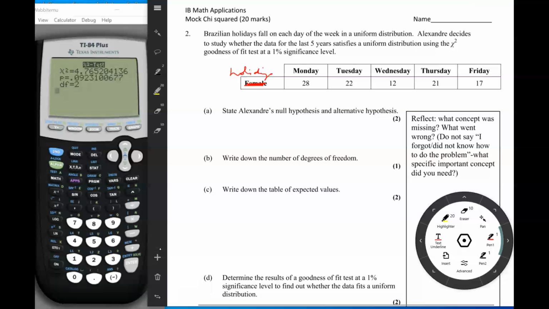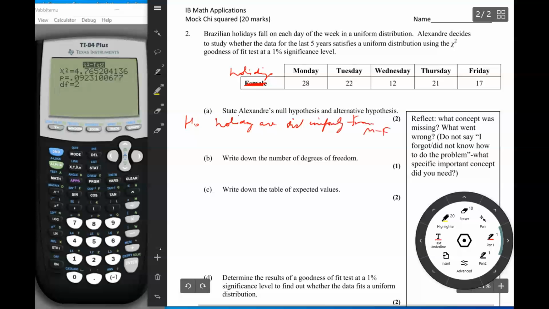State Alexandre's null hypothesis and alternative hypothesis. Okay. So the null hypothesis would be that the holidays are distributed uniformly from Monday through Friday.